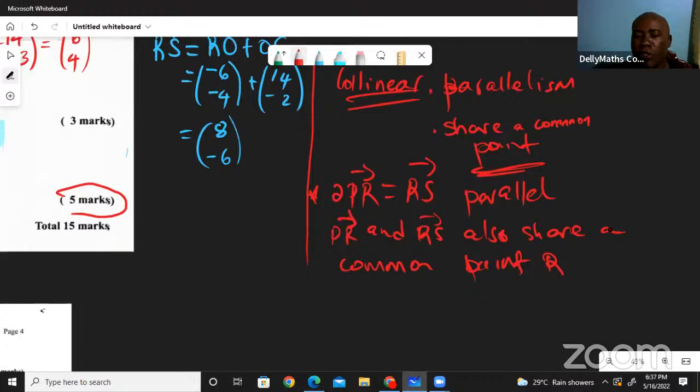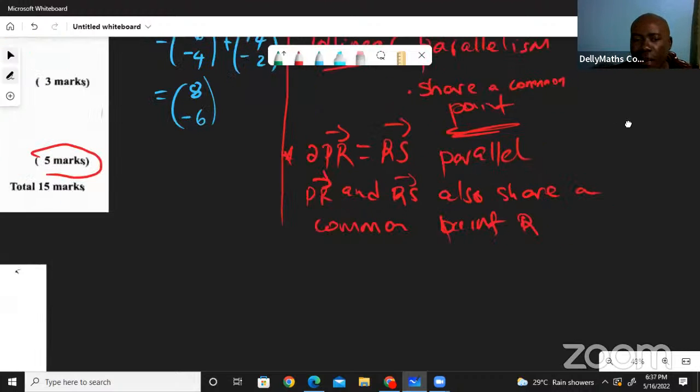All right, so this means that they are collinear. Therefore P, R, and S are collinear. That's all it means.